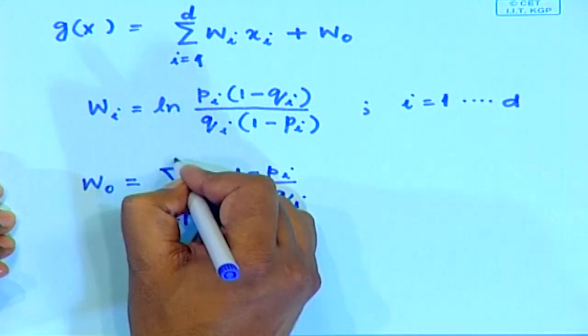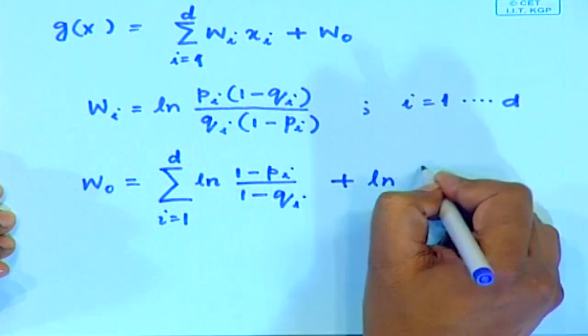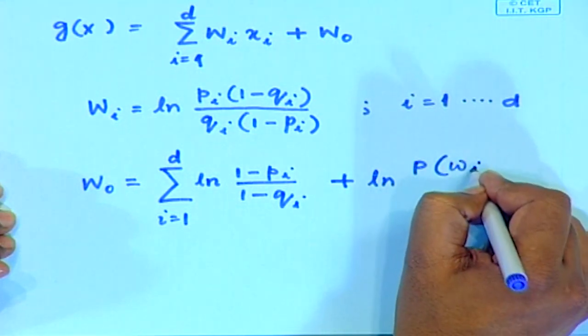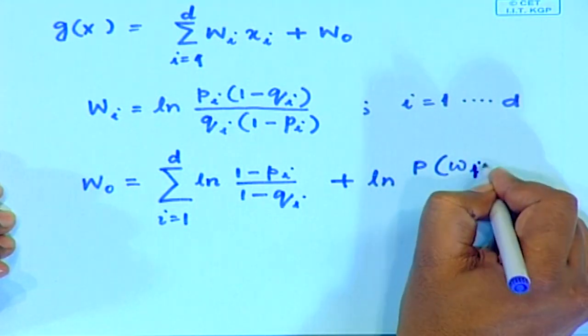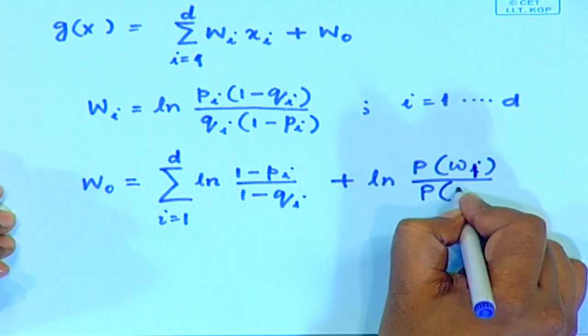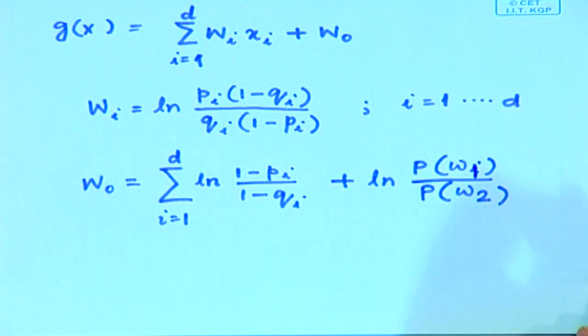plus log of P of omega 1 upon P of omega 2. Is that okay?